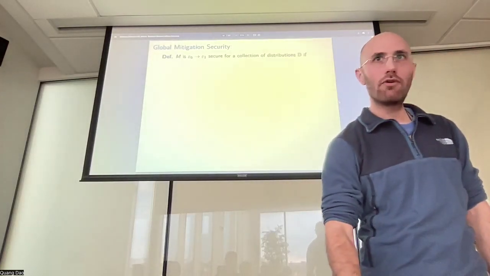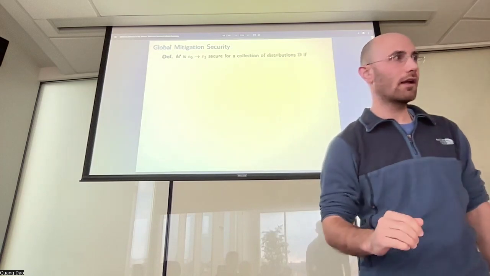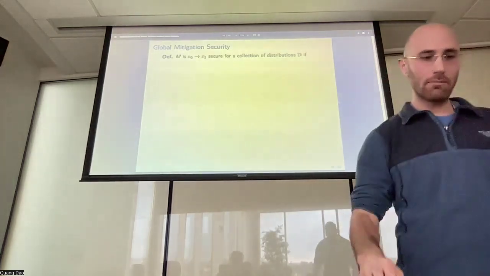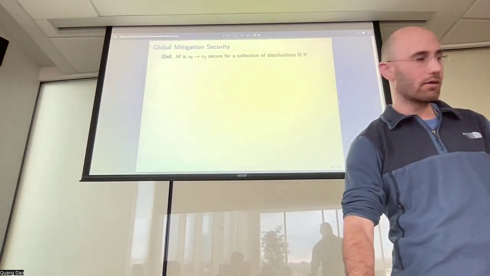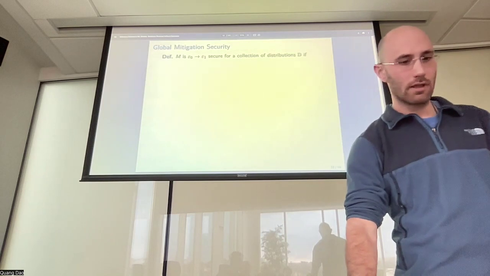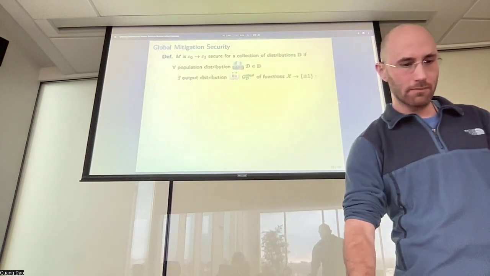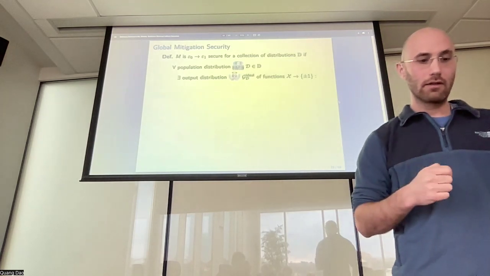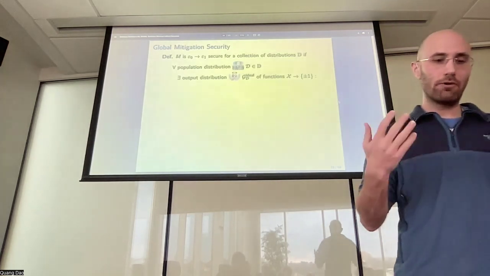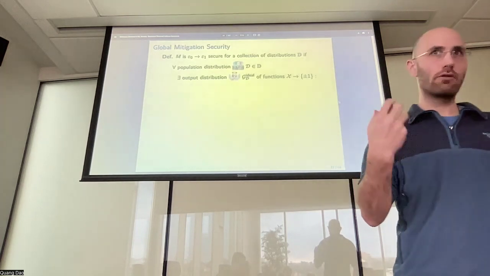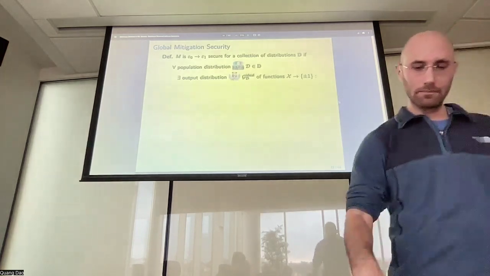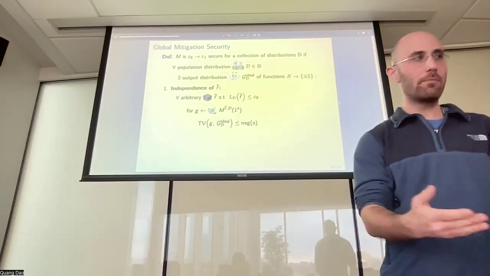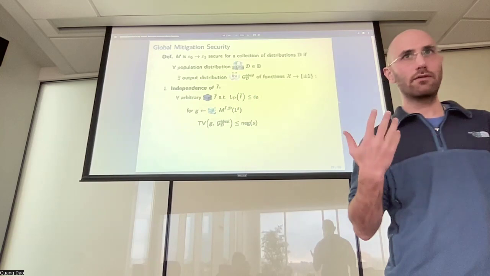So let's be slightly more formal, and after I say it formally, I'll open up for questions about the definition. We say that a mitigator M is epsilon 0 to epsilon 1 secure for a collection of distributions blackboard D if for every population distribution D, there exists an output distribution of predictors, of models, a G ideal, such that two conditions hold. The first one, independence of f tilde, is sort of the security definition.